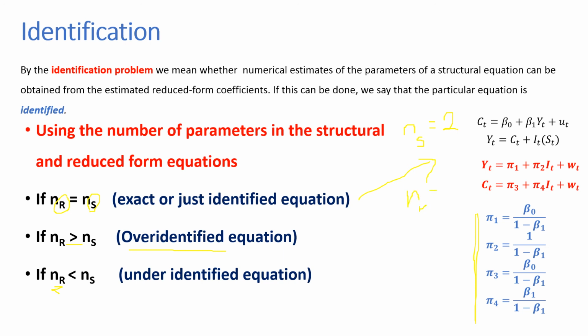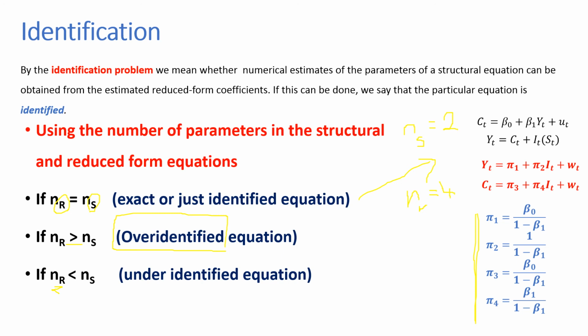We have 4: pi 1, pi 2, pi 3, and pi 4. So in this case, n_r is greater than n_s, so we are over-identified, which means we can obtain numerical estimates for beta naught and beta 1 from pi 1, pi 2, pi 3, and pi 4.